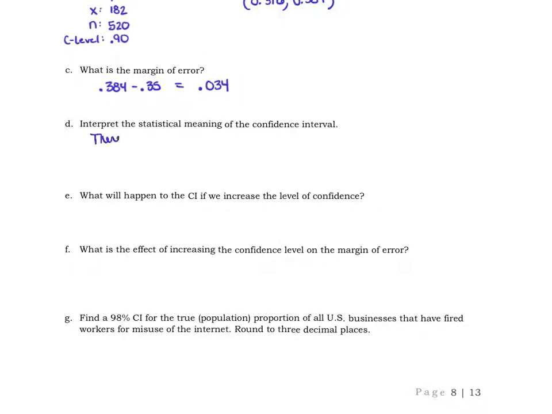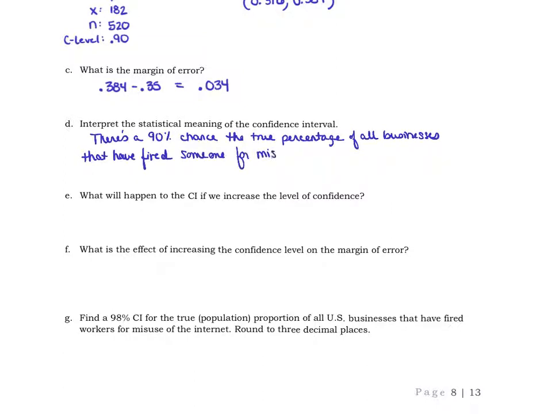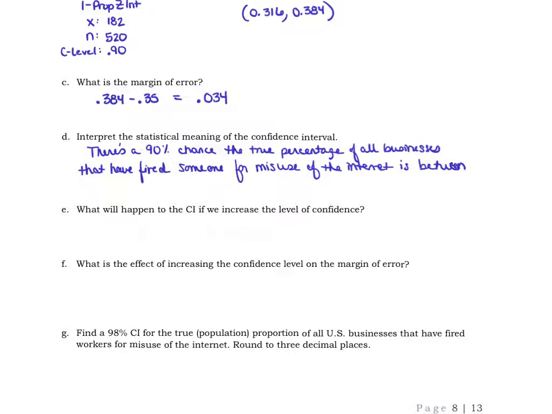Okay, well, in this case, there's a 90% chance, because remember we did a 90% confidence interval, the true, and I'm going to write this one as a percentage, so I'm going to do percentage of all businesses that have fired someone for misuse of the internet is between, and again, I'm going to take that confidence interval and write those in percentages because this time I use the word percentage. So between 31.6% and 38.4%.